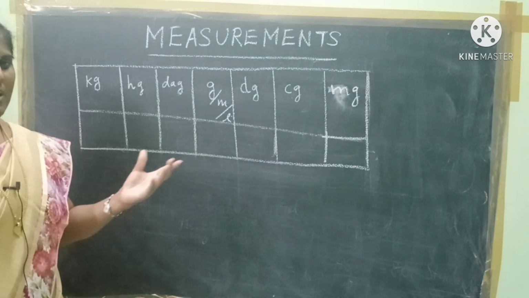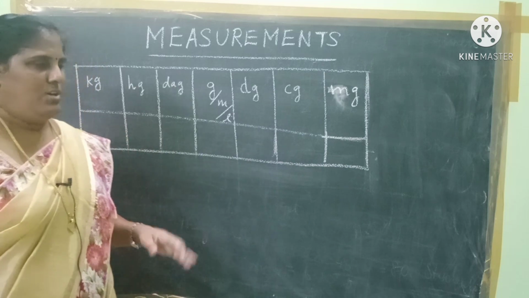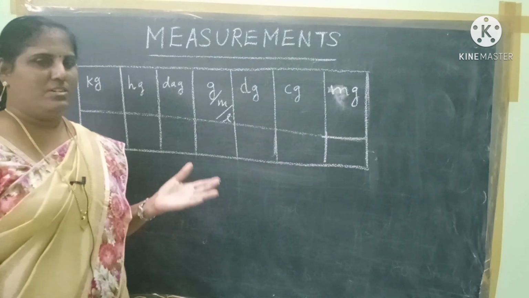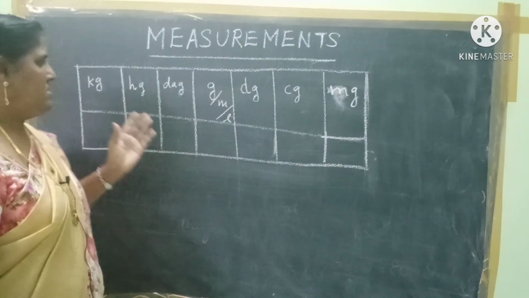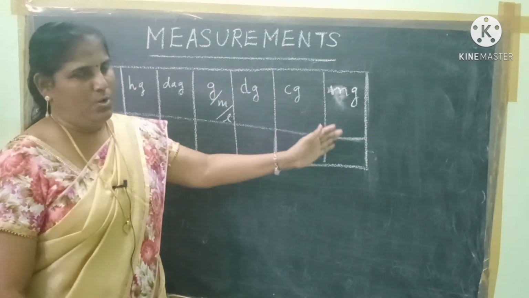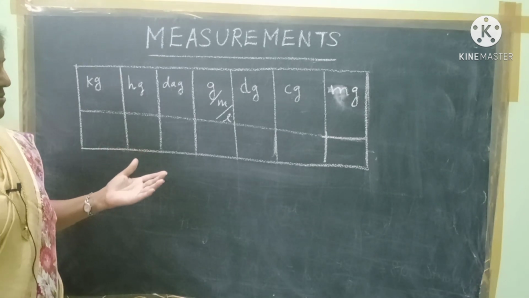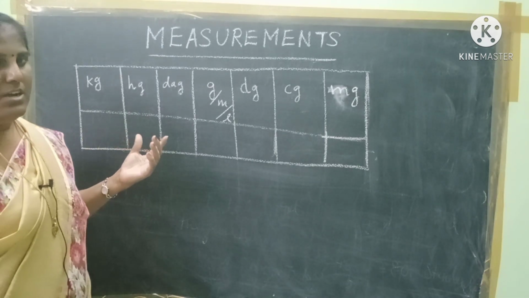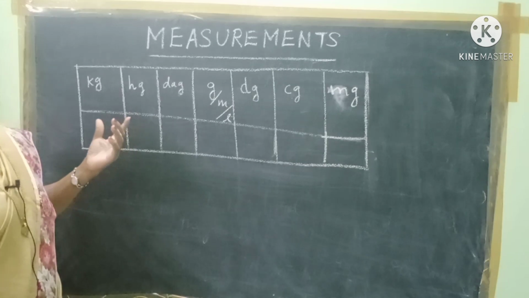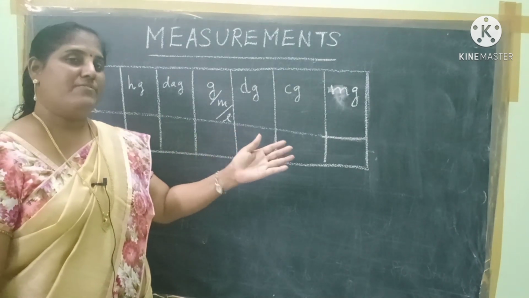Table means I told you 1 kilogram equals how many grams. If I want to convert anything from higher unit to lower unit, first of all, you have to multiply or divide with the power of 10s.